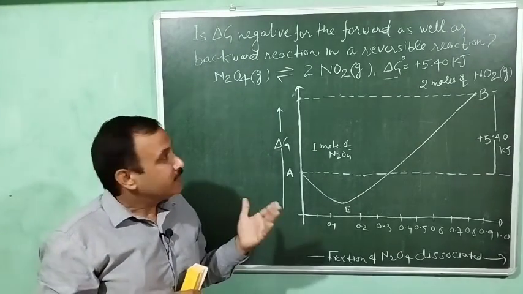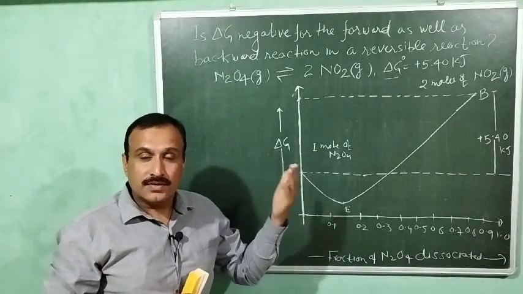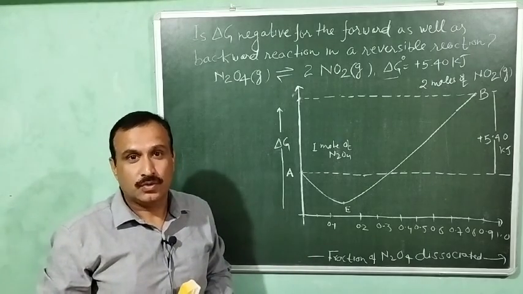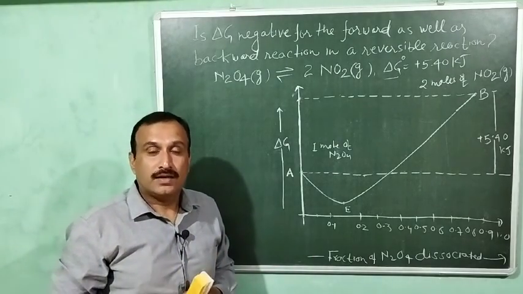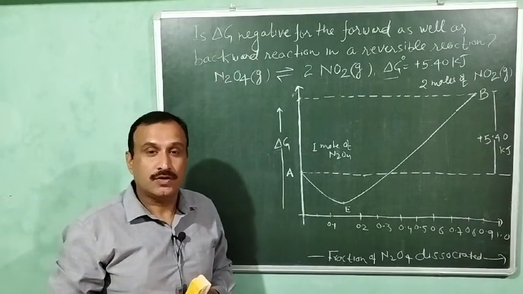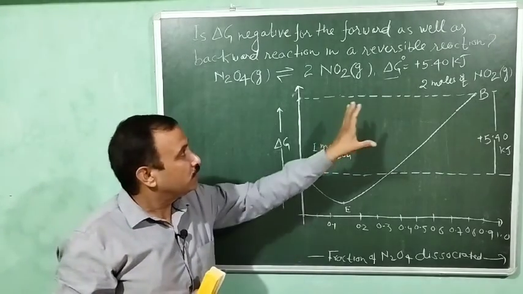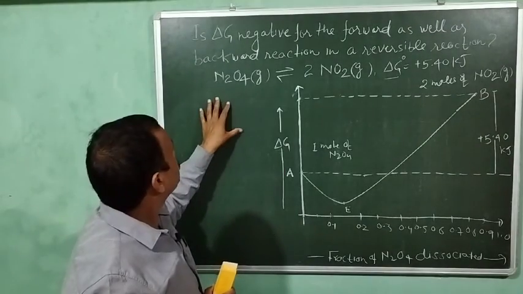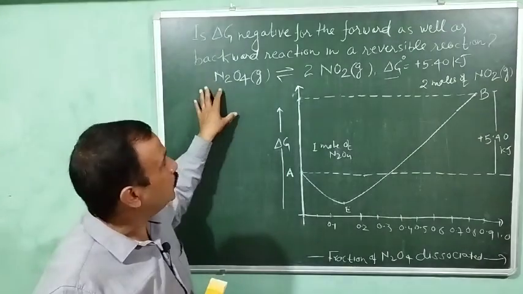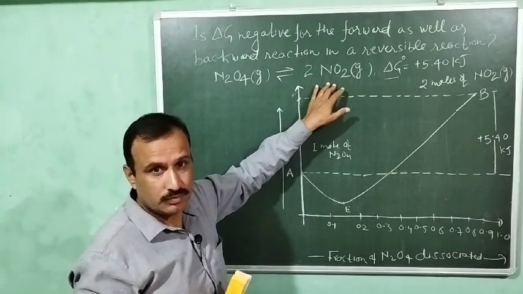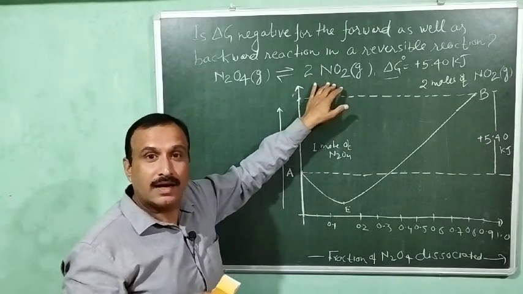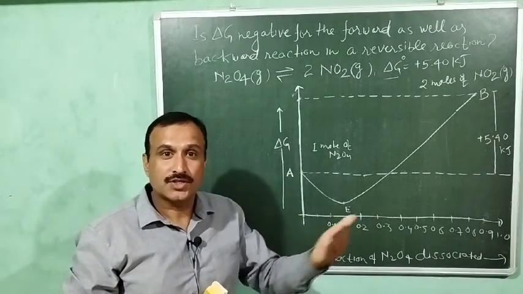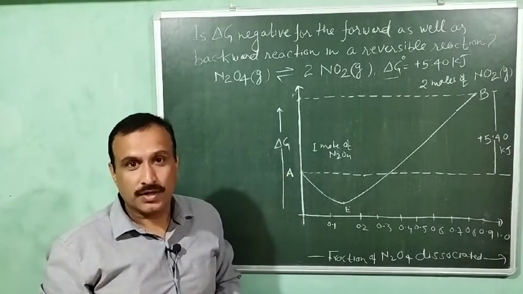Okay, so as we can see, the standard state free energy change for this reaction is positive. And we have studied that if this free energy change is positive, and this free energy change is for the forward reaction, that is for the conversion of 1 mole of N2O4 into 2 moles of NO2, then it will be non-spontaneous.